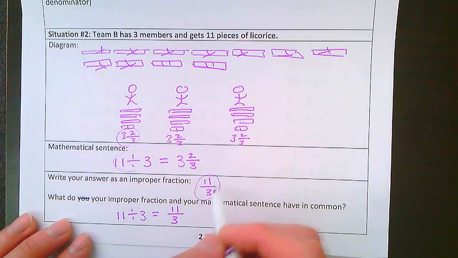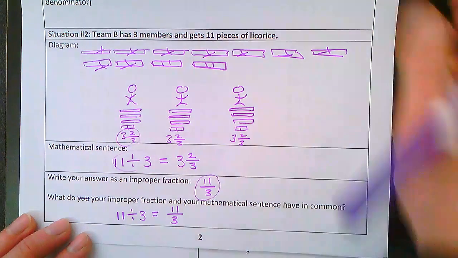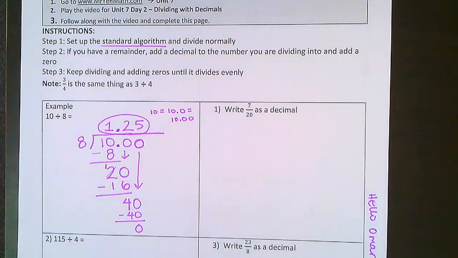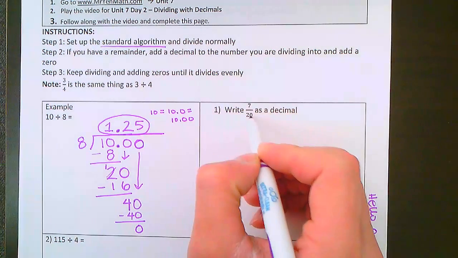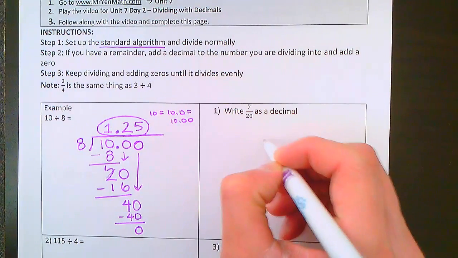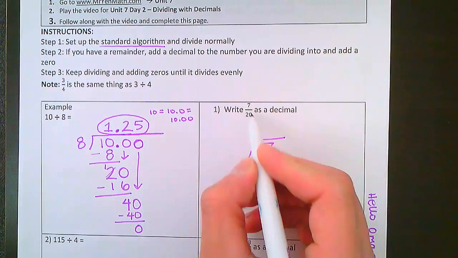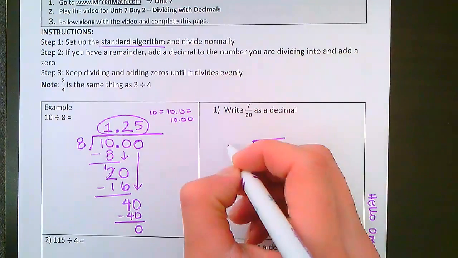So that's why 11 divided by 3 is the same thing as 11 over 3, just like that. So now let's go back here. 7 over 20 as a decimal is the same thing as the numerator, which is 7, divided by the denominator, which is 20.